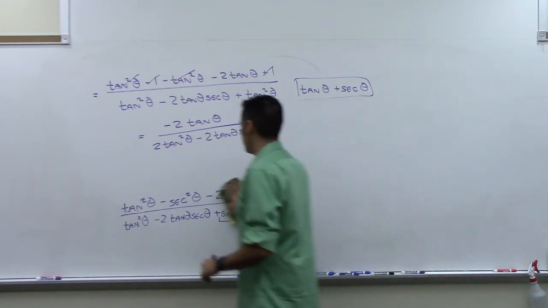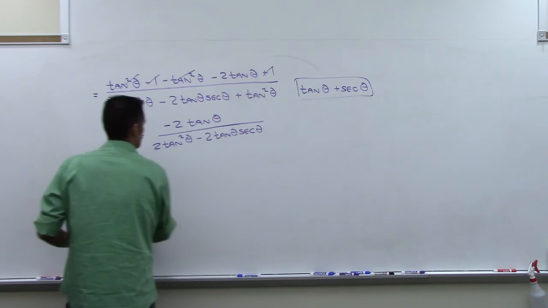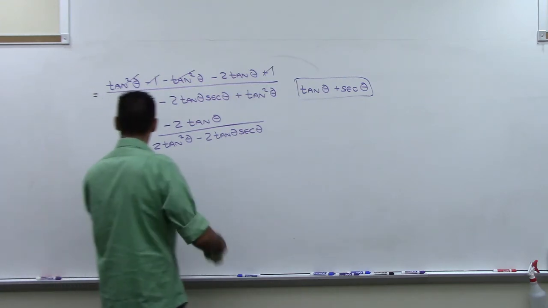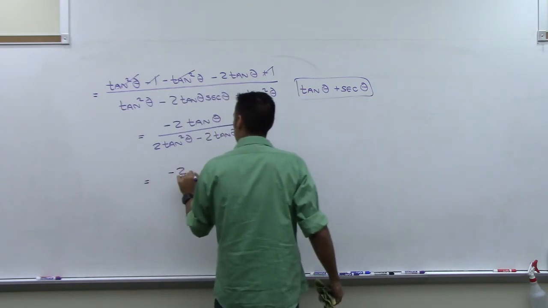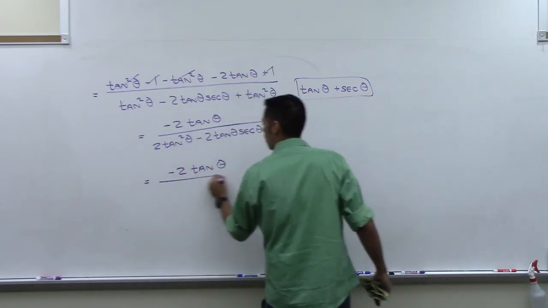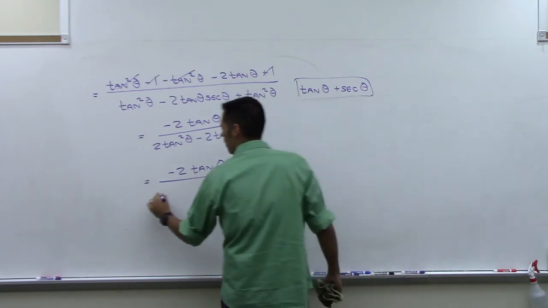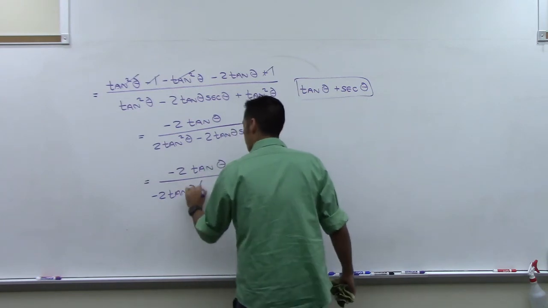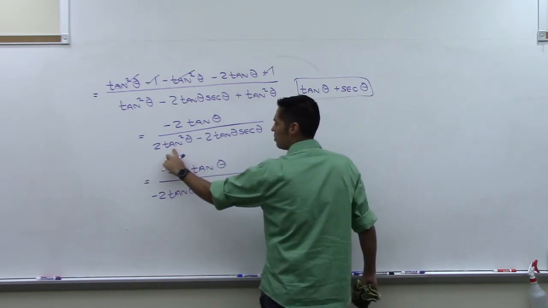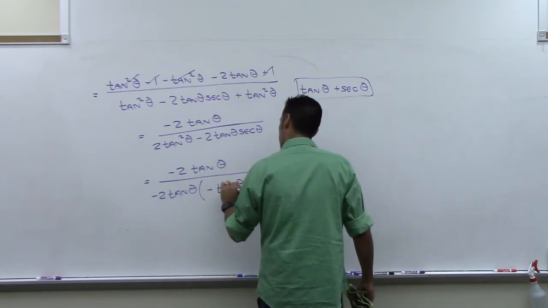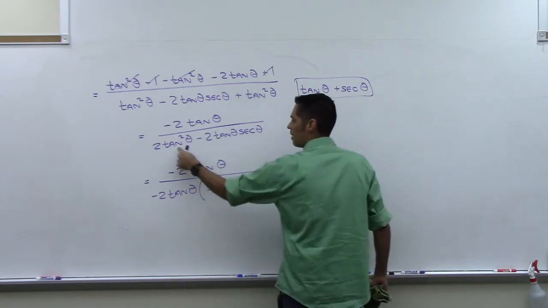Now I can factor out of the denominator a 2 or a negative 2, and then I can also pull a tangent out. So I'm going to say negative 2 tangent theta over, yeah, let me pull a negative 2 tangent theta out of the bottom. If I pull that out, I'm going to have a negative tangent theta. So if I multiply this times this, I get back this.